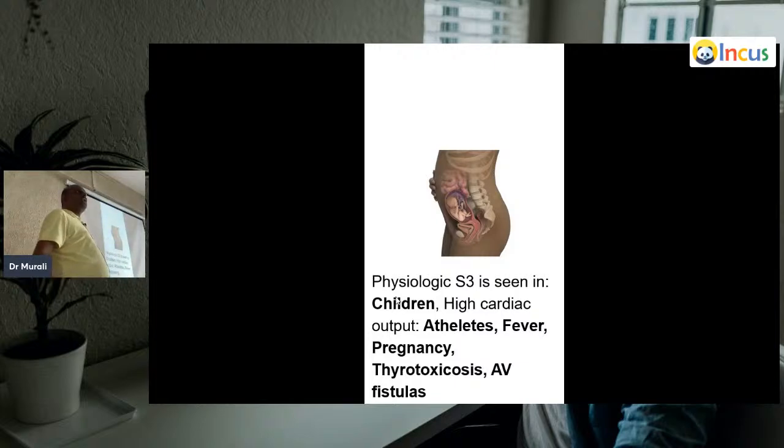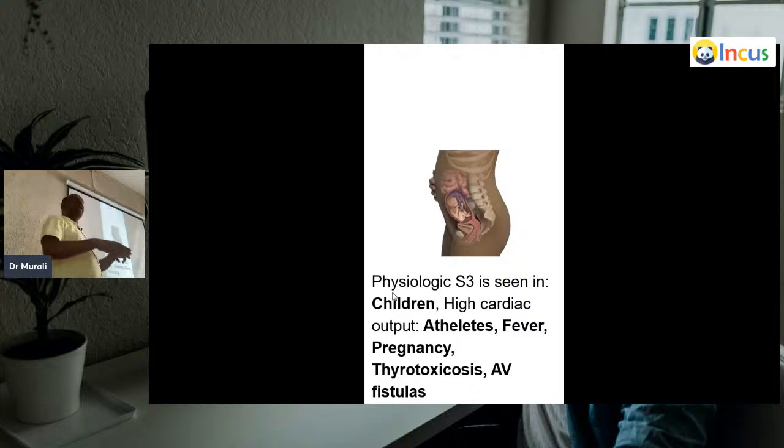Why do you see physiological S3 if there is any pregnancy, fever, or anything? Just before we discuss, what is the meaning of S3? When the left ventricle fails, at end of the systole, it is unable to pump all the blood. So a lot of pool of blood is remaining. So after the systole, when the early to mid diastole is there, when the blood is jumping, it is jumping into a pool of stagnant blood. So if there is any pregnancy, the plasma volume will increase.